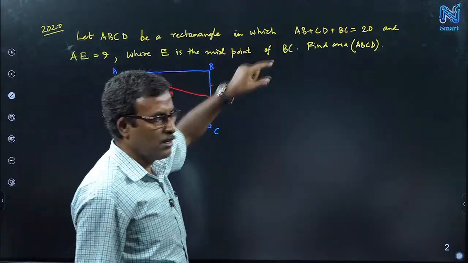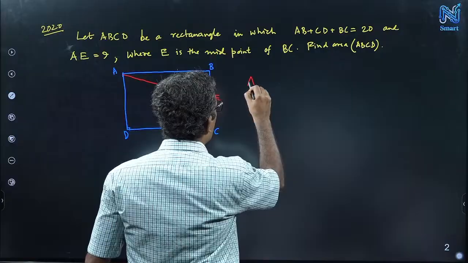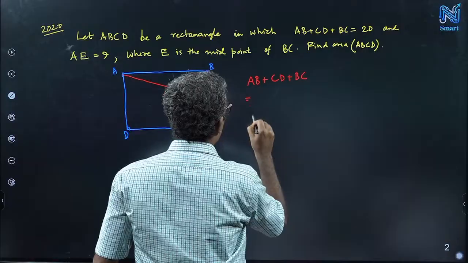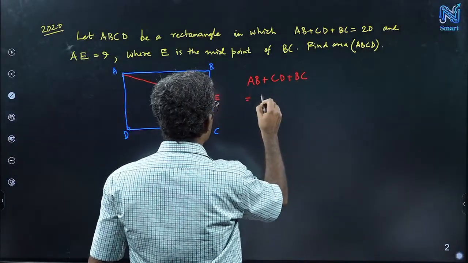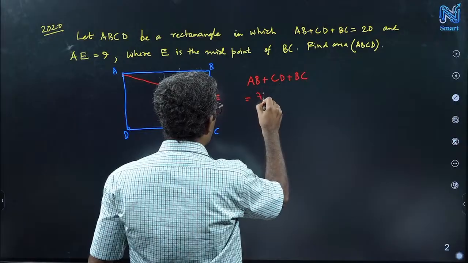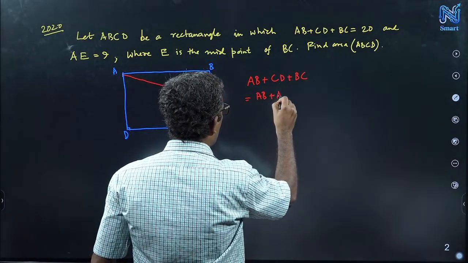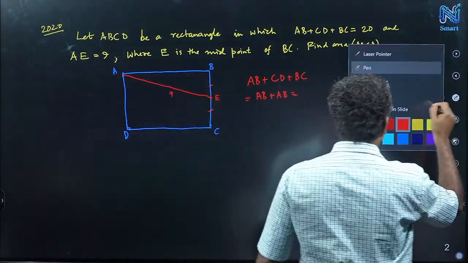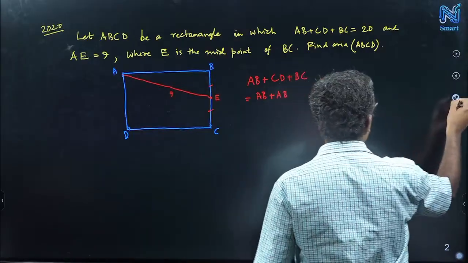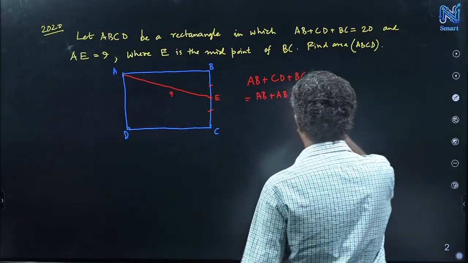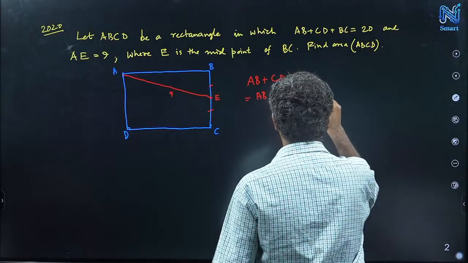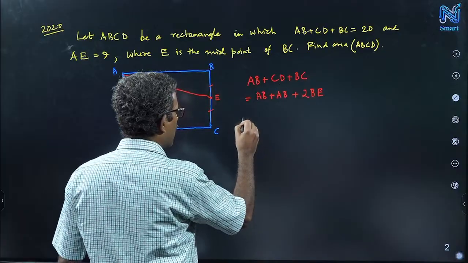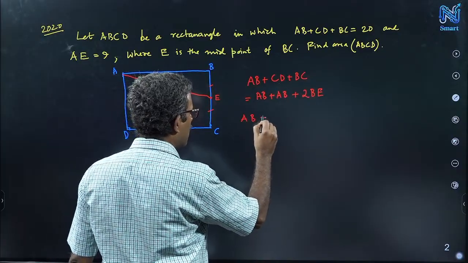Then it is AB plus AB plus 2BE, then what do we get? Now this is 20. So since this is 20, what is AB plus BE? Right.